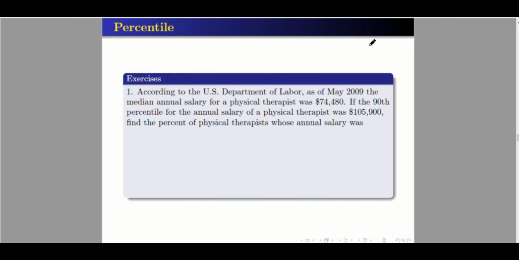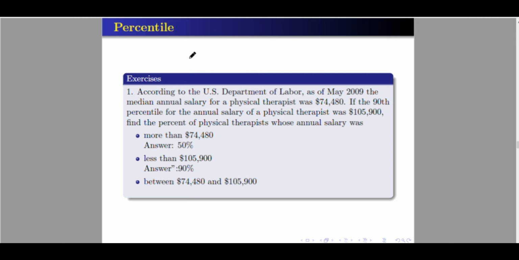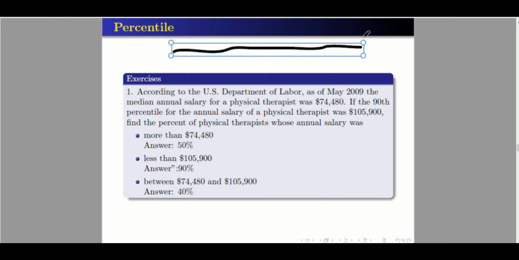According to the US Department of Labor, as of May 2009, the median annual salary for a physical therapist was 74,480. So say for example, I will draw a line for visual.